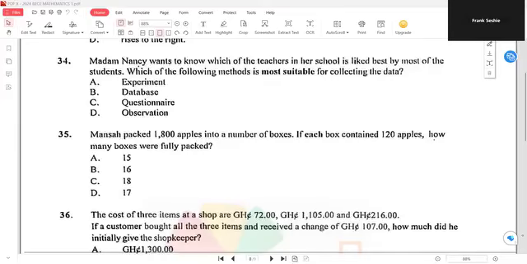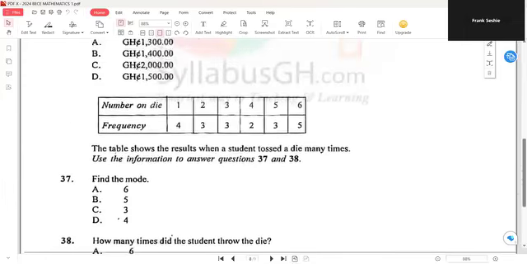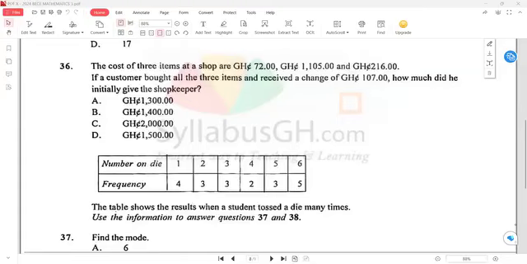36. The cost of three items at the shop are 72 cedis, 1,105 cedis, and 416 cedis. If a customer bought all three items and received a change of 107 Ghana cedis, how much did the customer initially give the shopkeeper?